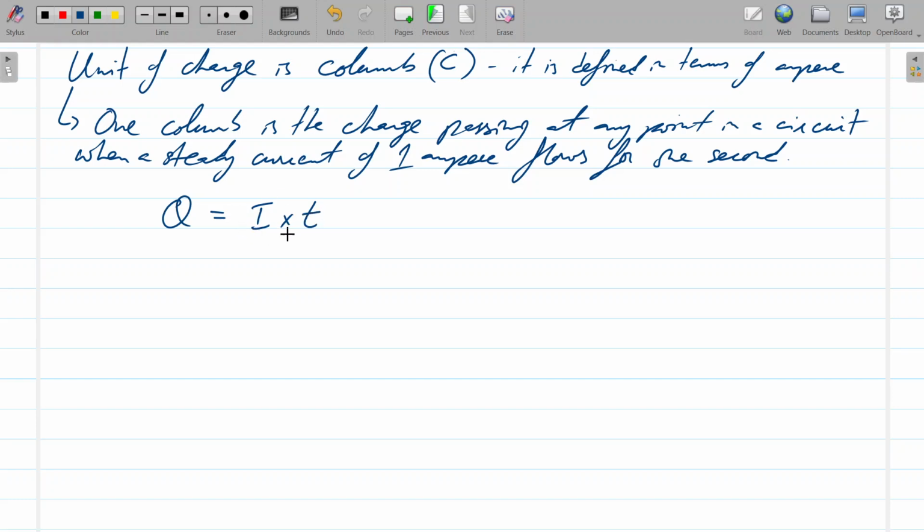So current multiplied by time. So if we have 1 ampere flowing for 1 second, we get 1 coulomb of charge, right? Yes.